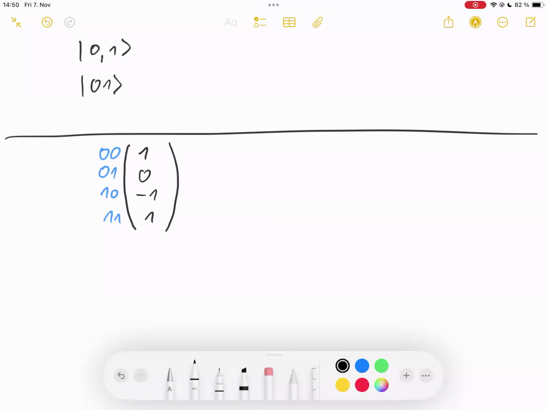Which factor would I need to normalize this? You can send to the chat what the normalizer would be.